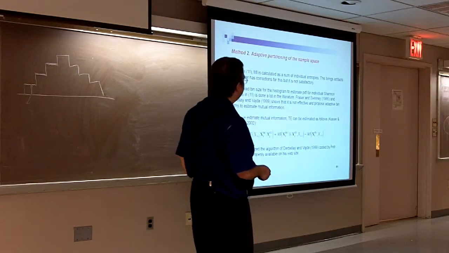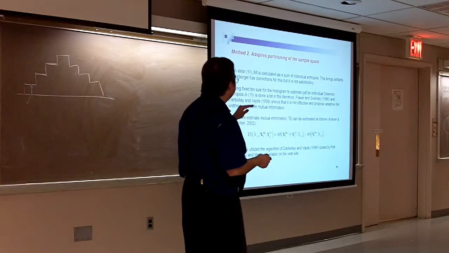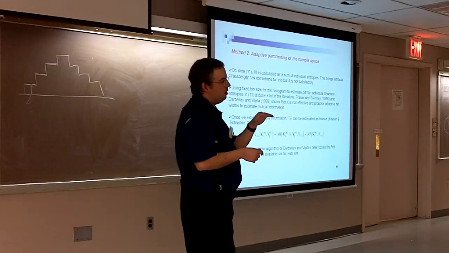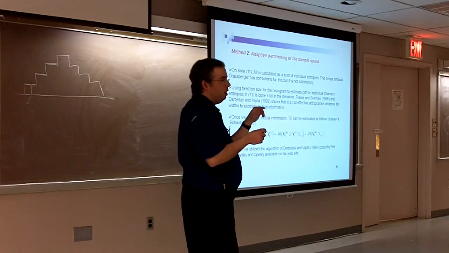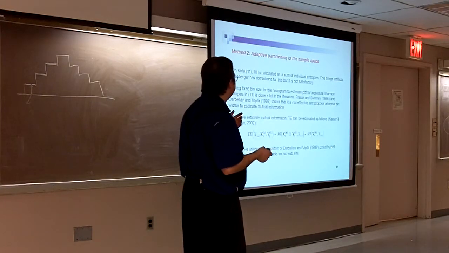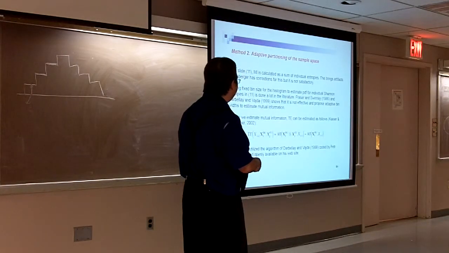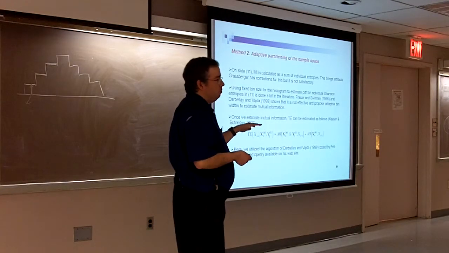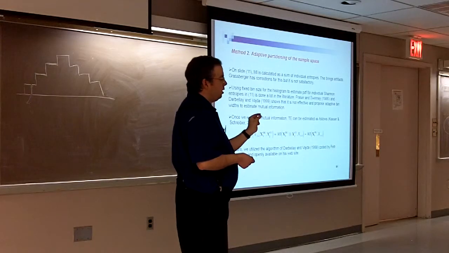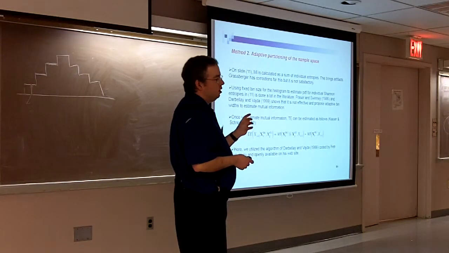So, the second method for the transfer entropy estimation. I told you that summing individual entropies to estimate the mutual information has a major drawback because of the bias problem. So in order to avoid that, Fraser and Swinney and Darbellay and Vajda proposed another method for mutual information estimation, not transfer entropy estimation. They proposed using adaptive bin widths to estimate the mutual information, and that really gave better results.